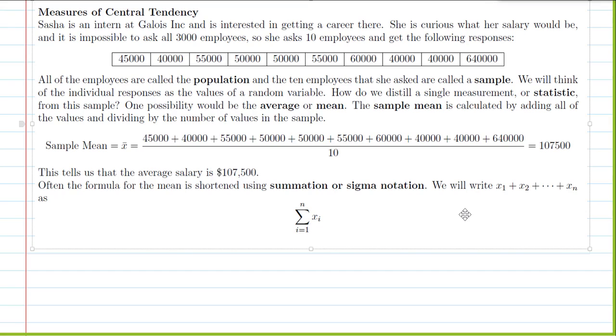Is that a very good representation of the salaries at Galois Incorporated? Well, that's a good question, and we want to know, right? If we just look at the 10 people she asked, how many people make more than $107,500 in her sample?